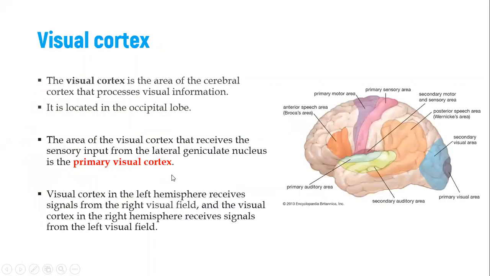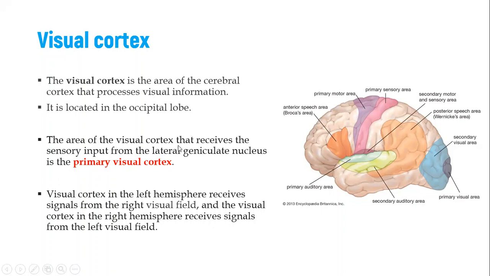So finally, once the radiations get to the visual cortex, which is normally found at the back of your brain, located at the occipital lobe. The visual cortex is the area of the cerebral cortex that processes visual information.